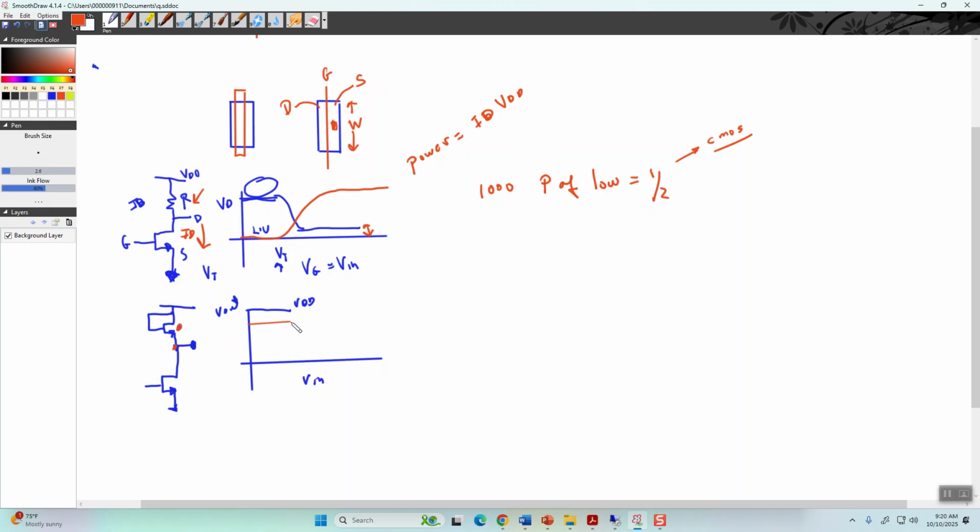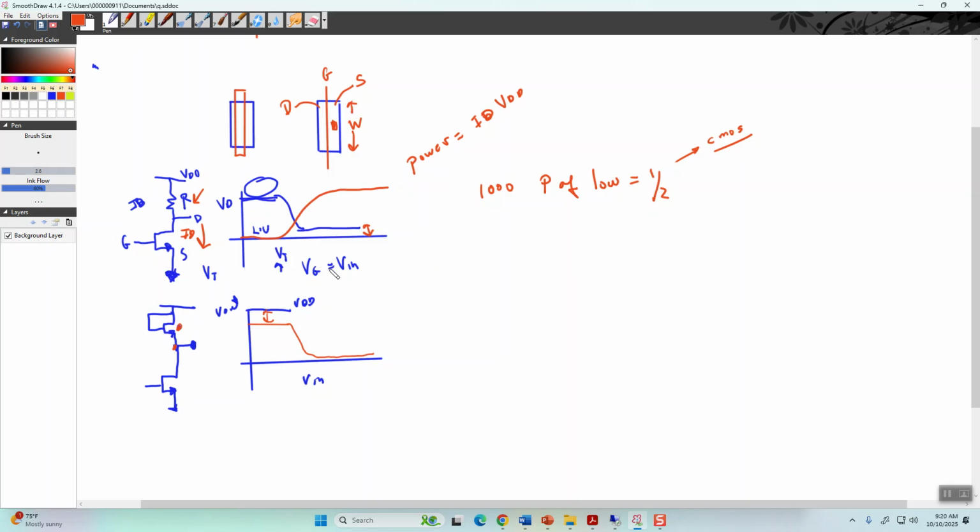So actually, you don't get the full VDD. All right. And this is important when one gate drives another gate. So the output high becomes lower and lower as you go through a chain, right?